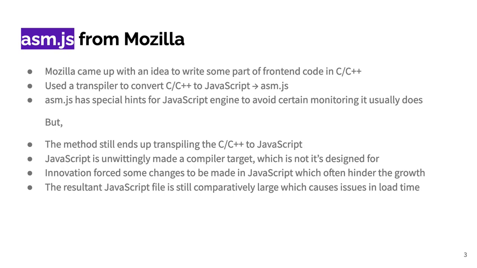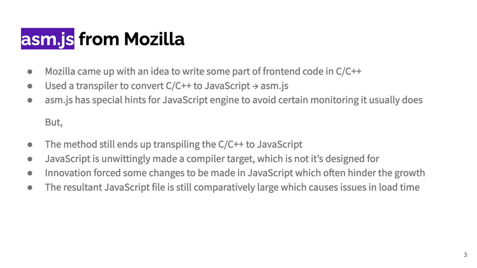The other thing is that JavaScript itself was unwittingly made a compiler target, which it was not designed for. For example, you write C++ and you transpile the code to JavaScript. There are many other technologies doing the same. But the main problem is that you are supposed to write JavaScript, yet you are now generating code in JavaScript from another language.